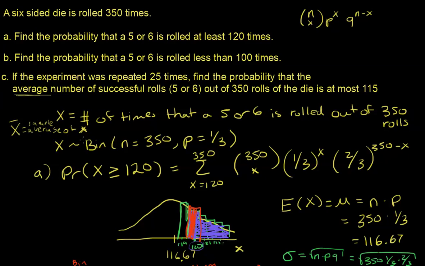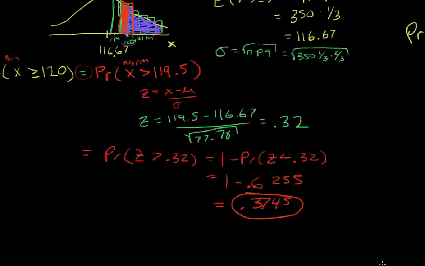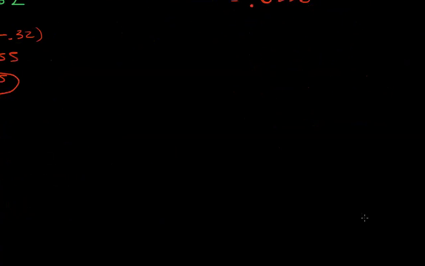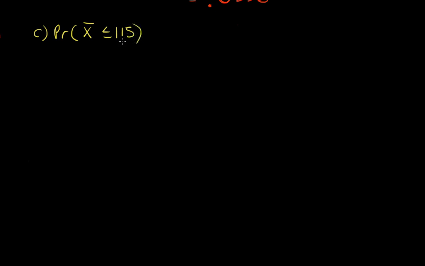The sample average of 25 different experiments. Now we want to find the probability that this sample average is at most 115. At most means less than or equal to. So let me move down, and we'll talk about how to solve this one. For part C, we're trying to figure out the probability that x bar is less than or equal to 115.